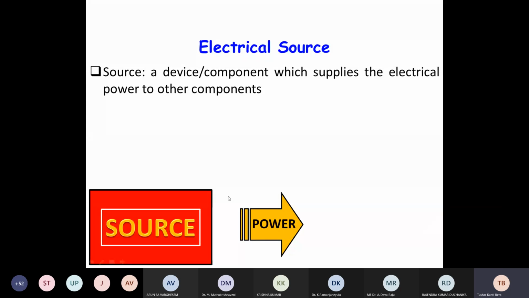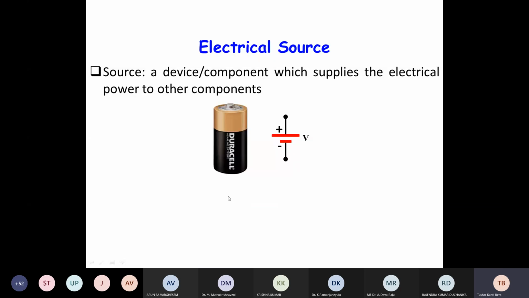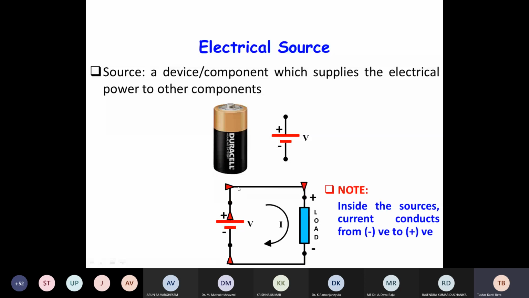So an electrical source is a device or component in electrical engineering which has the capability of delivering power, and a basic example is a battery. The symbol of a battery is given here, and if any source is connected in a closed circuit through a load or any conductor, then current will flow due to the potential difference of this source.